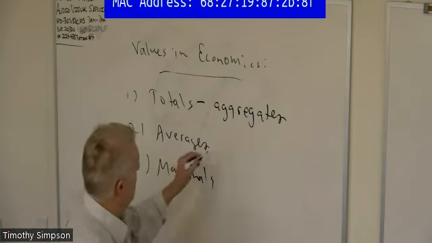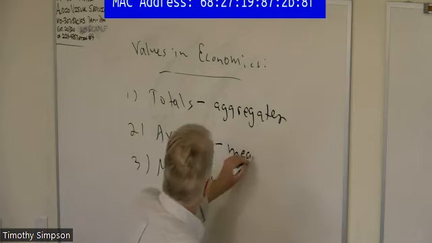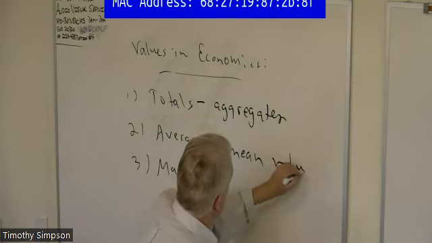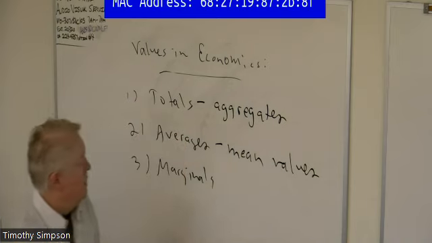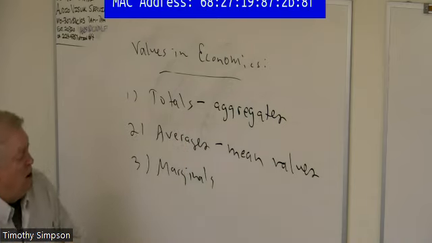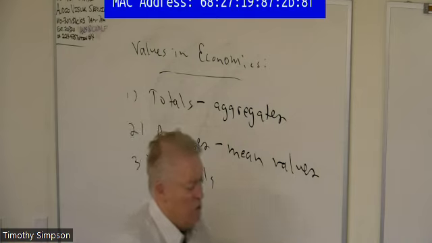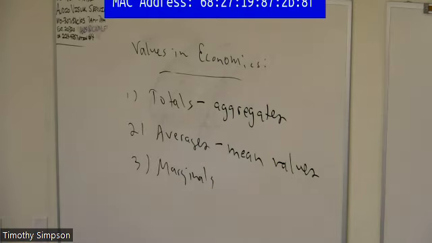So that's one thing. The second value is averages, and here we're talking about mean values. By mean, I simply mean the mathematical term for an average. And there are different kinds of means. The most basic form is what we call the arithmetic mean. We take the aggregate divided by the number of observations, and we get a simple average.